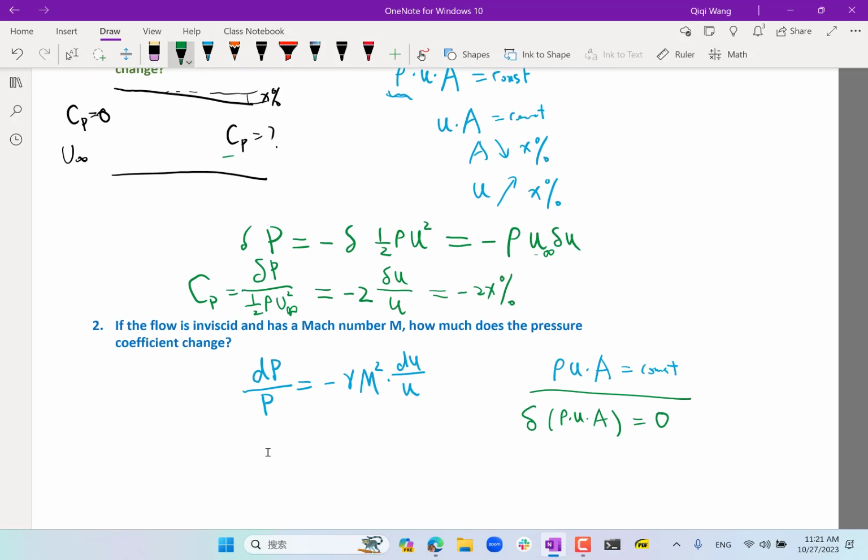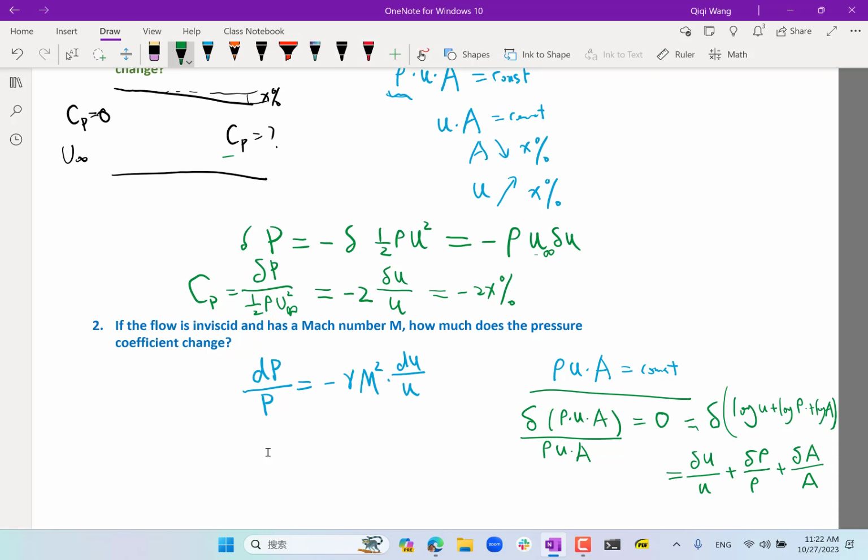If you divide this equation by rho u A itself to represent it as a fractional sensitivity, things get a little easier, because a small change divided by itself is equal to the small change in the logarithm of that quantity. So this is equal to a small change in the logarithm of rho times u times A, which is log of u plus log of rho plus log of A. If you expand it, that becomes delta u over u plus delta rho over rho plus delta A over A.